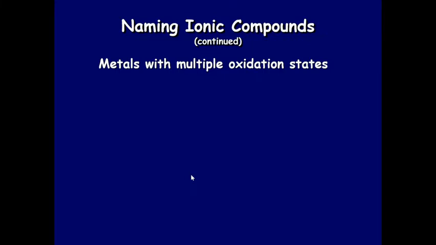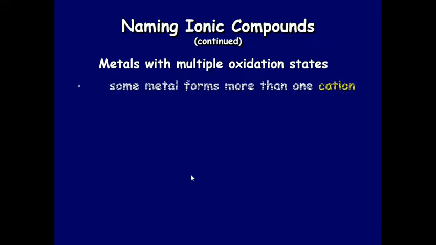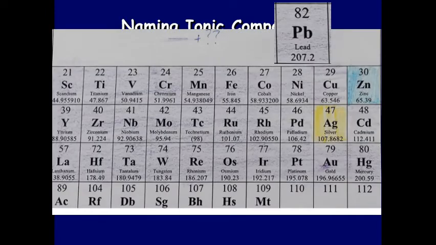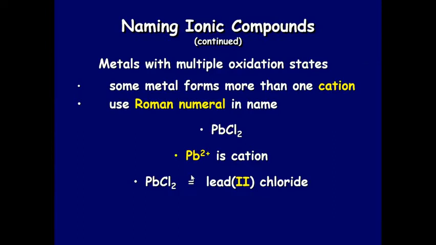There are just a couple more types of namings we need to go over. Whenever we see one of those transition metals, we have to tell which ion they formed. We have to tell the charge of the transition metal, and we do that with Roman numerals. So we have this example, PbCl2. The Pb is in the transition metal zone, but we can figure out its charge based on what it's bonded with.